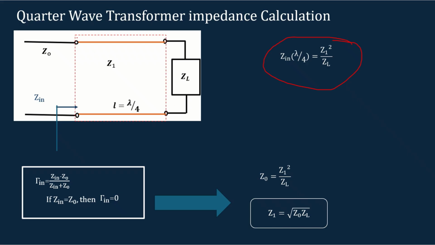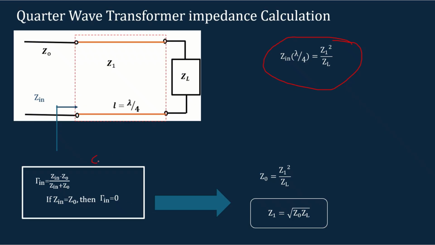We know that if Zin is matched to the source impedance, there won't be any reflection. The reflection coefficient for this system is given by Zin minus Z0 divided by Zin plus Z0. If Zin equals Z0, then the reflection is equal to 0.